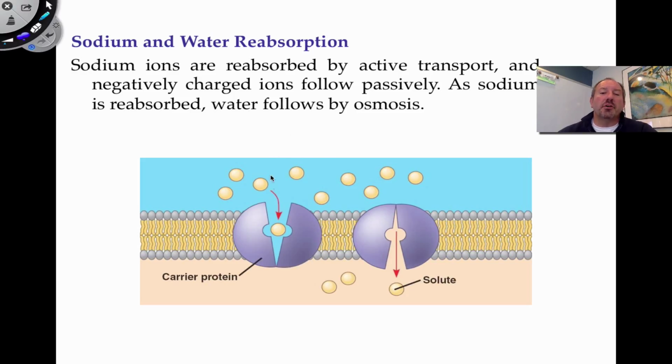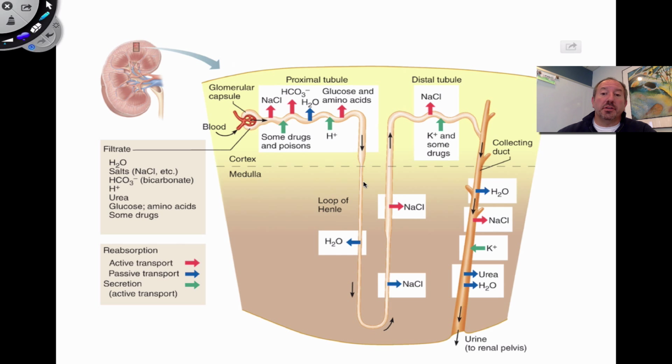As the sodium ions are reabsorbed through active transport, that allows for the passive movement of water out of the loop of Henle through osmosis. As you can see here, and again, a really nice diagram, water is being reabsorbed. In other words, we don't want to urinate out too much water. And what's fascinating is that this area right here is very thin, and it allows for osmosis to occur.